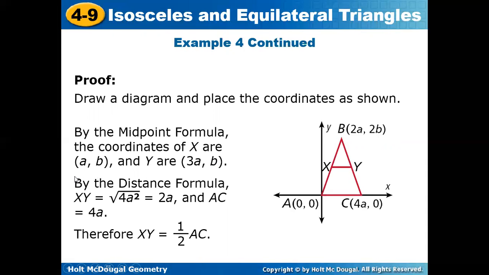By the distance formula, XY, you can substitute the X and Y coordinates, so it will be the square root of (2a) squared. The root of 4 is 2 and the root of a squared is a. And the length of AC is 4a. So the length of XY is half the length of AC.